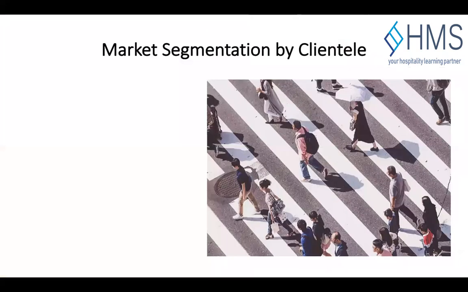Now, market segmentation by clientele. As we are aware, there are different types of clients that a hotel has to cater to. For example, leisure guests, destination resorts, as I mentioned previously.